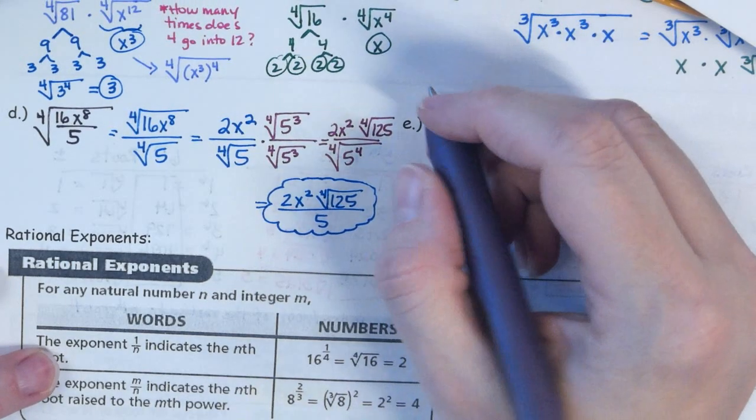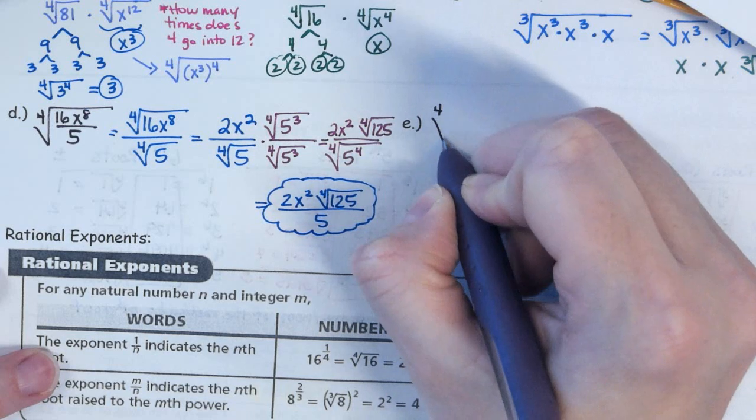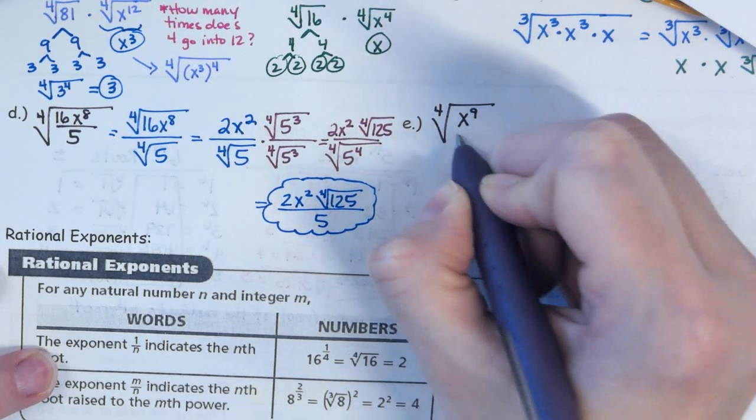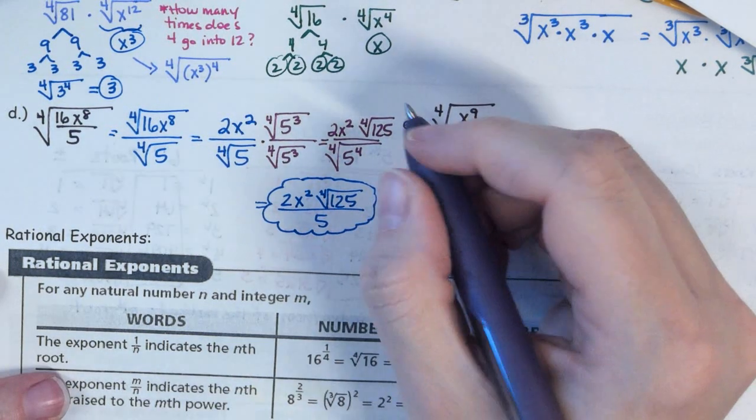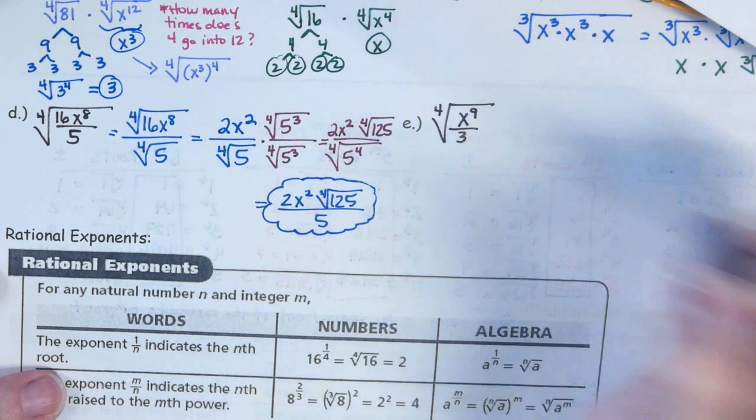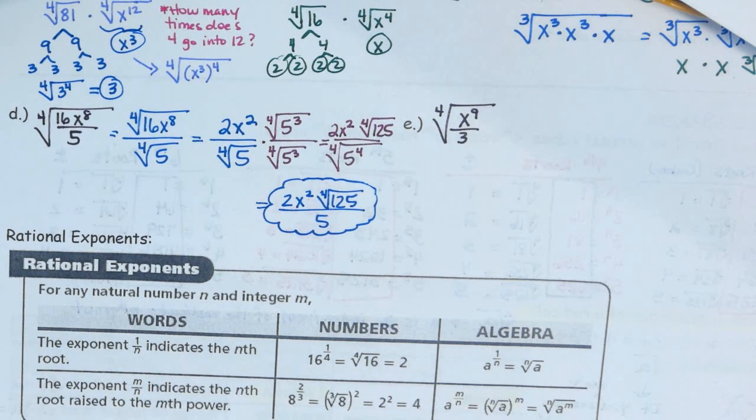Alright, so based on that, now you simplify this. So the fourth root of x to the 9th over 3. Okay, so I want you to start that the same way. Use this as your guide.